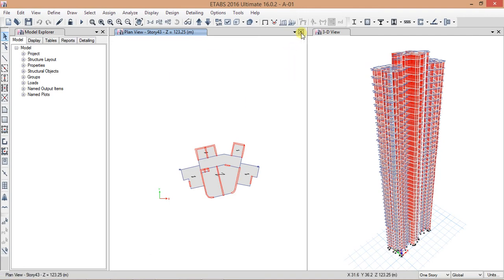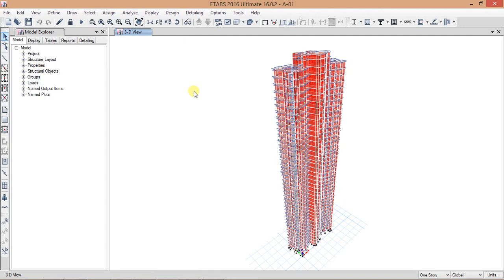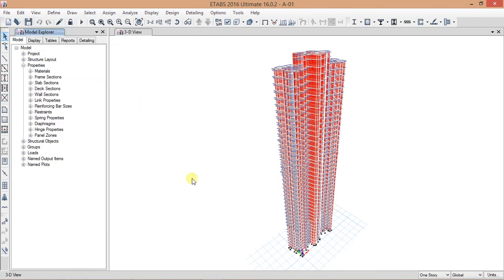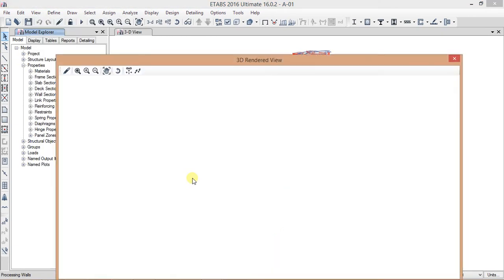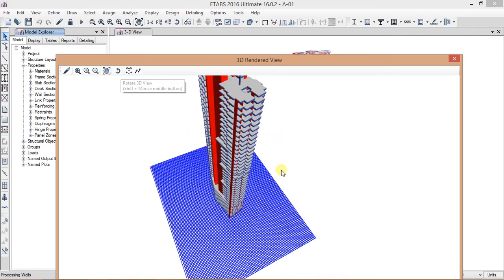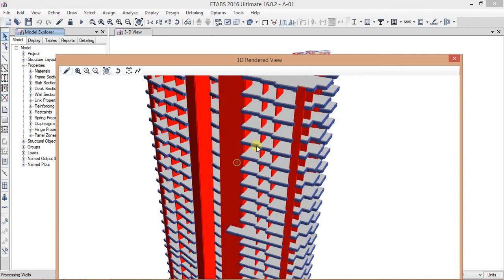Now this is very important, that Etabs is very user friendly, very robust software when it comes to the modeling, analysis as well as design. Now if you want to see the model in the 3D rendered view form, so this is that model.